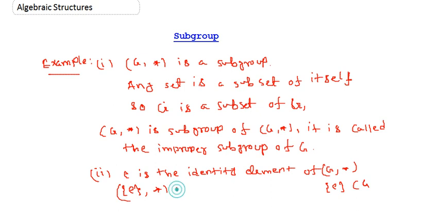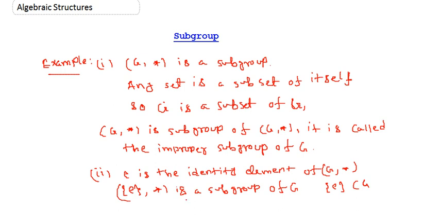So it's a subgroup of G. You can check by going through all the properties of the group, and you can easily check that this will be a subgroup of G.